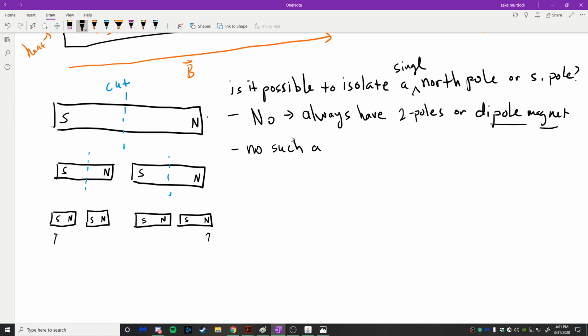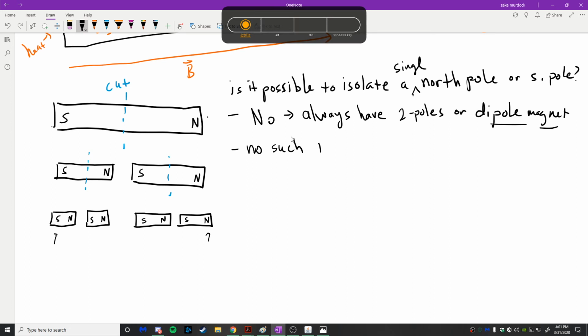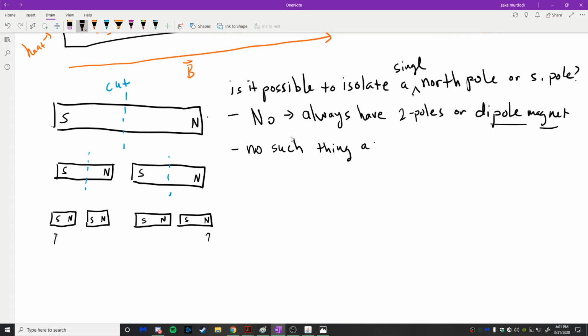And another way that's said is there are no magnetic monopoles.